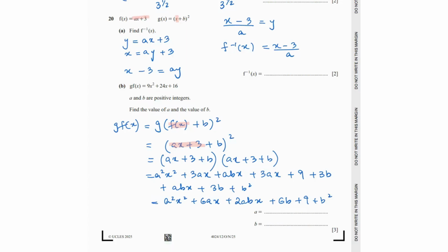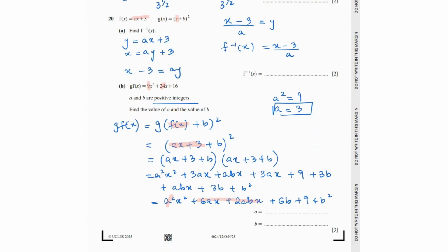So now we compare the similar terms. 9 is equal to a square, which means a is going to be 3. It's at positive integers, so we take the positive value of root 9, not the negative one. Then for b, we can use this and this.